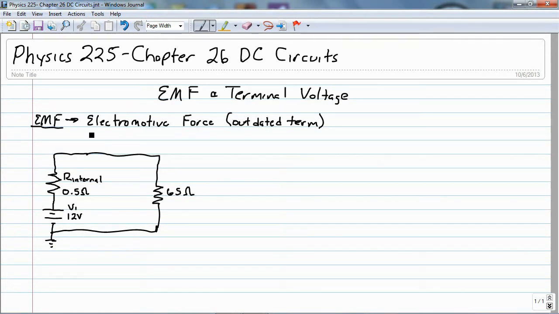I try not to use it, but I just want to let you know it is an outdated term, and all it refers to is a battery. That's all it's referring to, or some kind of source, in this case a battery. So when you see EMF, just think of a current source or a voltage source.